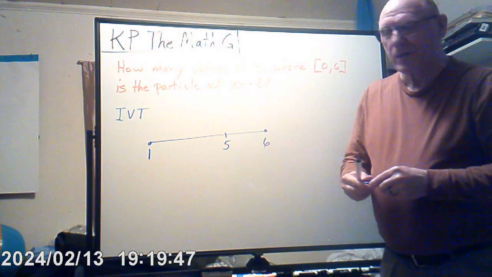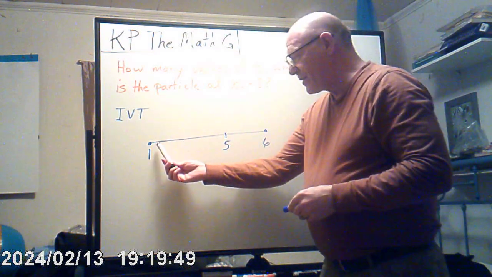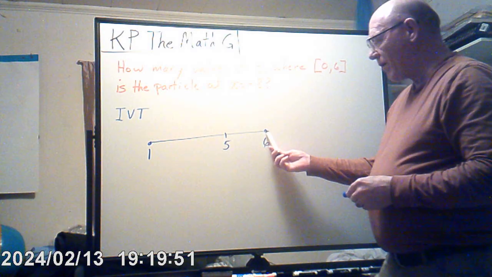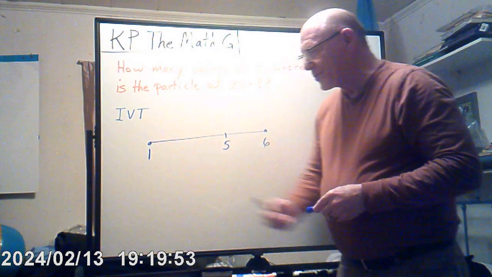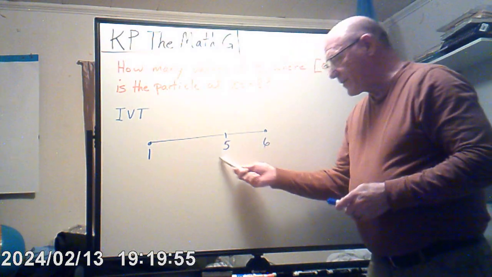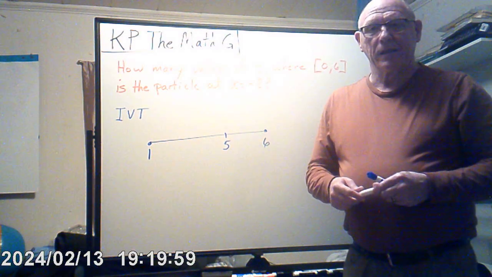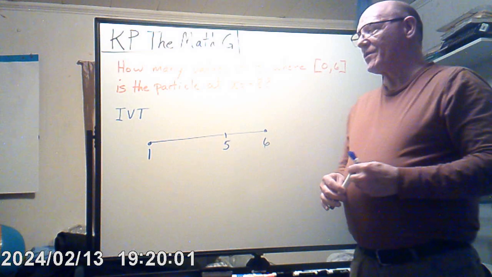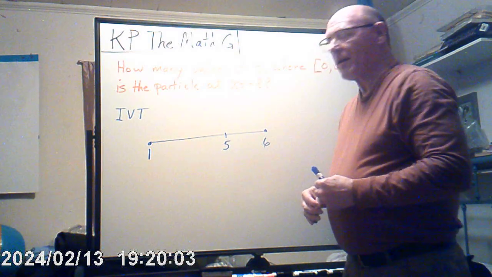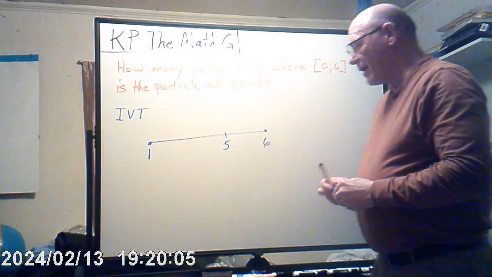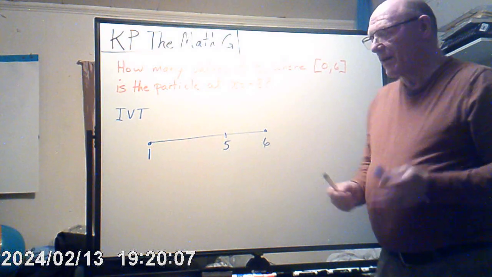It's going to be continually going this way, or from 6 back to 1 back this way. You are eventually going to go through 5, aren't you? That is what we're talking about here. Does that make sense? I hope it does.